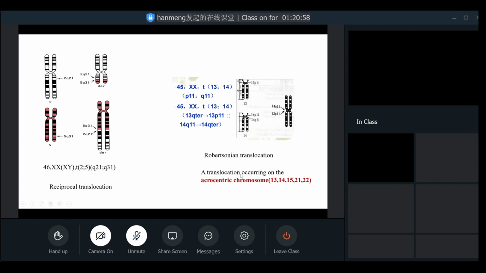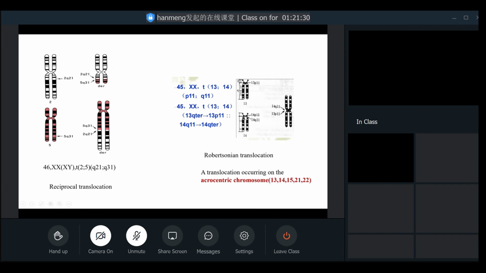This translocation occurs on the acrocentric chromosomes, chromosomes 13, 14, 15, 21, and 22, because these five chromosomes have satellites due to their centromere position.